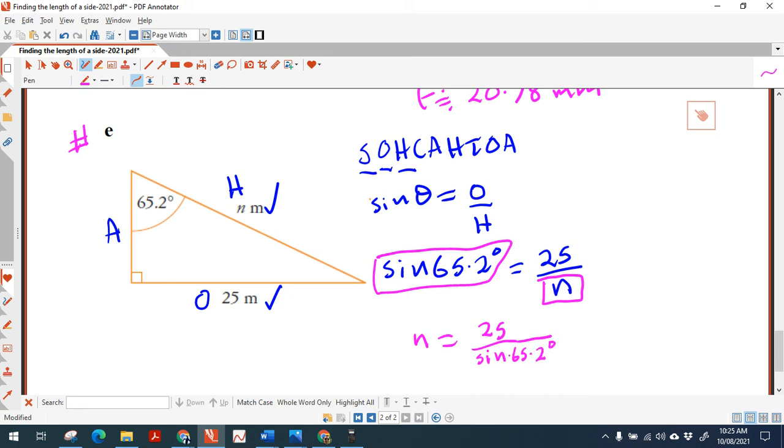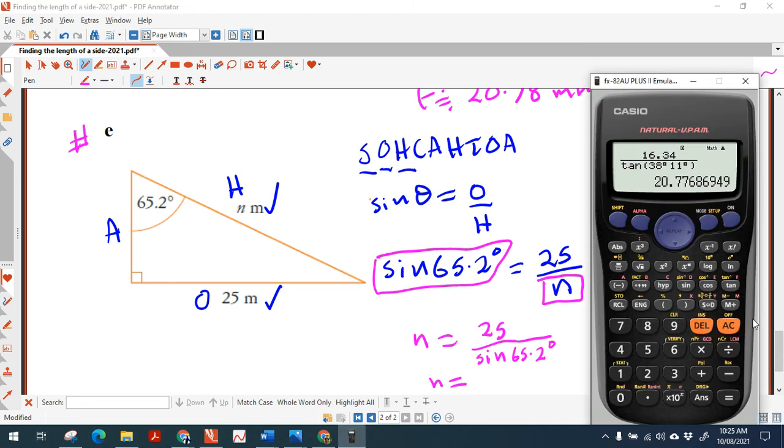Okay, so let's see what that works out to be. N is equal to, so calculator out. Now I'm just going to use my divide key for variety for this one. So I'm going to go 25 divided by sine 65.2.